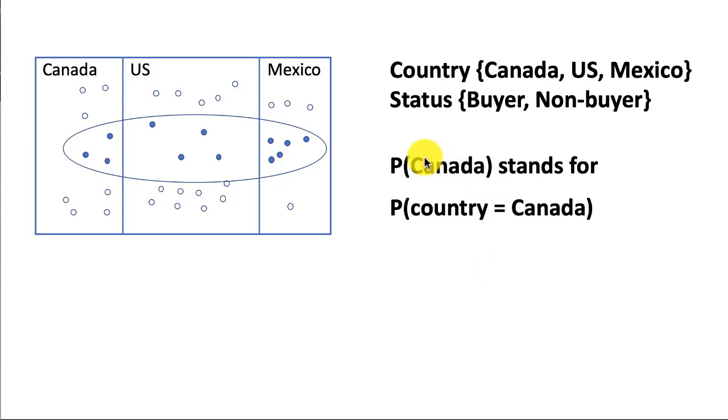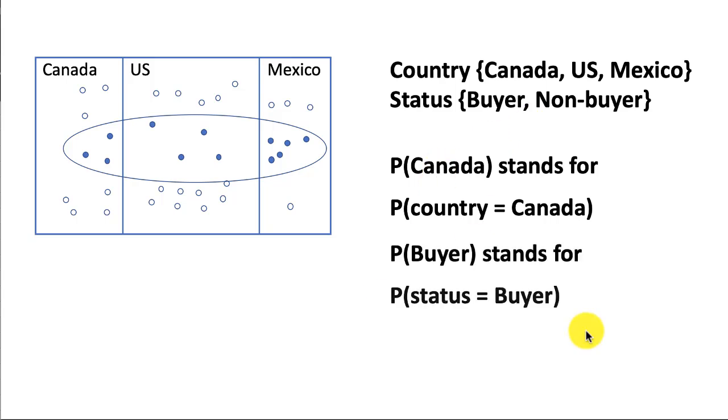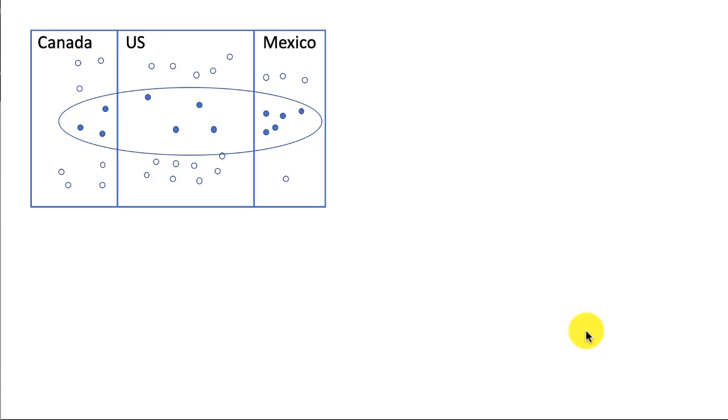So here, when we say P(Canada), we're really saying P(country = Canada). Of course, in this example, we don't really have to prefix the name of the attribute, like country or status, because it's pretty obvious from the value itself. And P(buyer) stands for P(status = buyer).